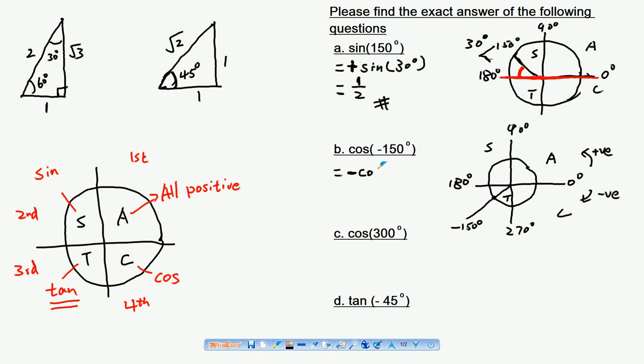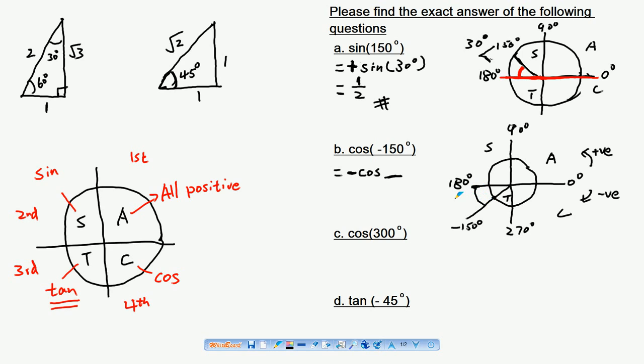Minus cos, and we have to find an angle there, which is the angle between this line and the horizontal line in the third quadrant. The angle between them is the difference, which I think is 30 degrees. Let me see. Yeah, it is 30 degrees.